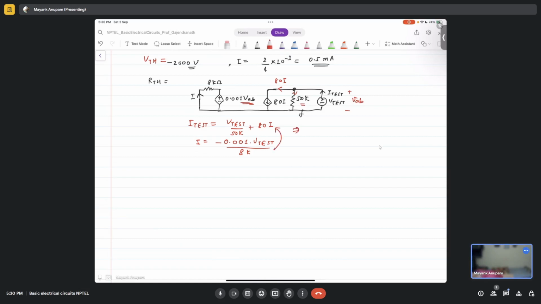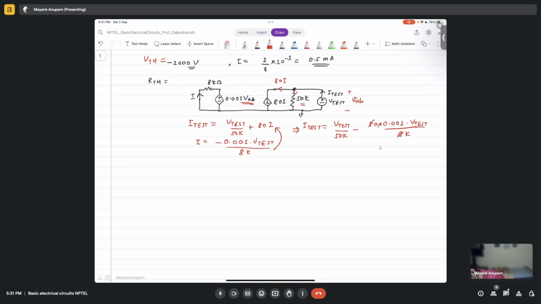I get I test equal to V test upon 50K minus 80 into 0.001 into V test upon 8K, correct?